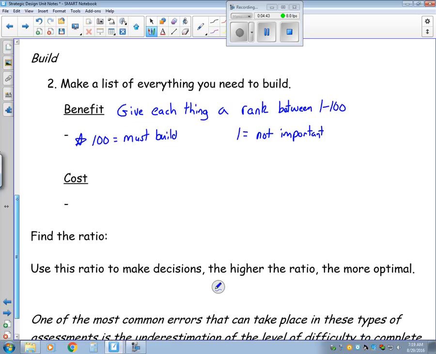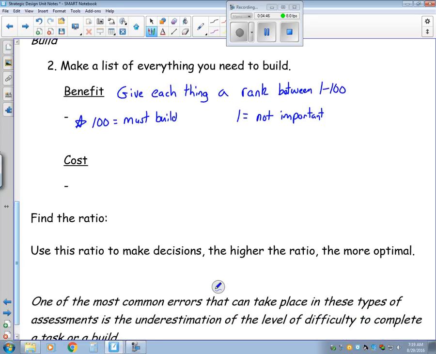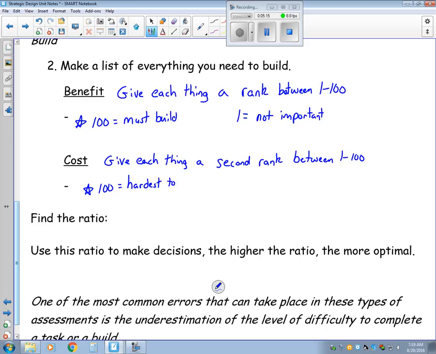Now we have our cost. Give each thing you need to build a second rank, where 100 is something that's hardest to build, and 1 is something that's easiest to build.